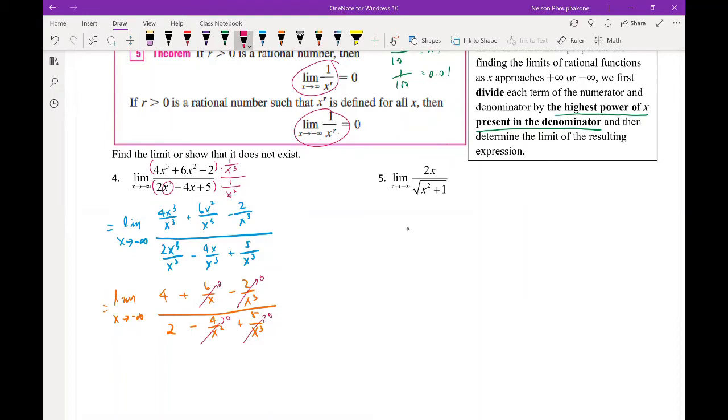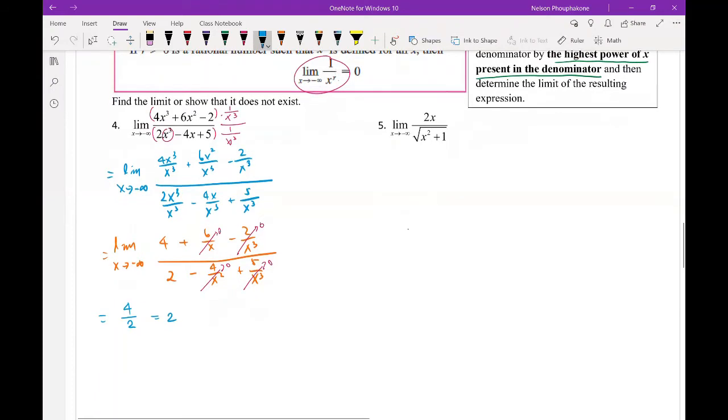After we take the limit, the answer is 4 over 2, which is equal to 2. So what does this mean? This is the answer that we have.